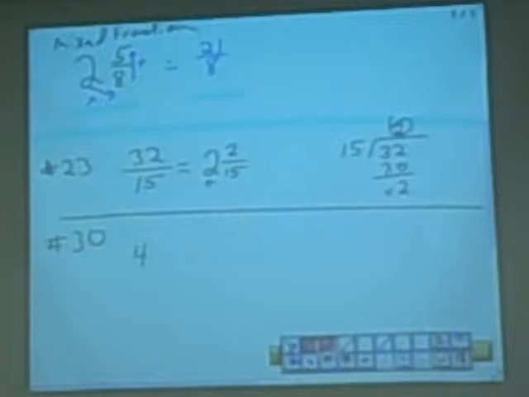So here we have 4 and 2/5. What do we do here? 4 times 5 is 20, and add 2. That would give us 22 fifths. And that's our answer. Okay, questions with that?